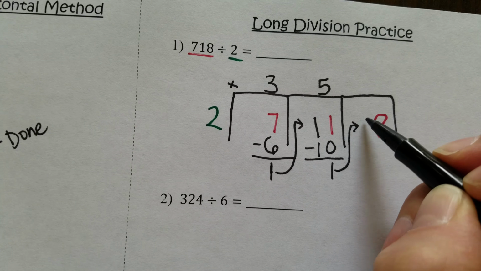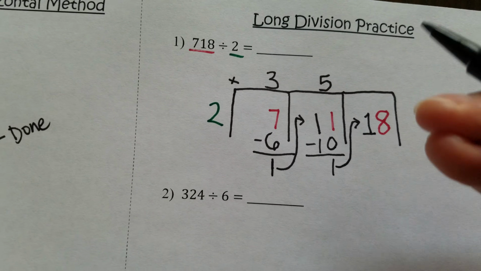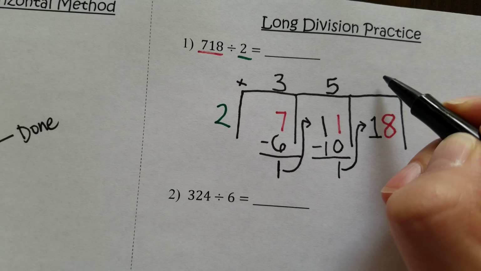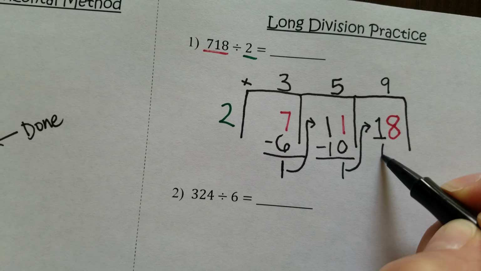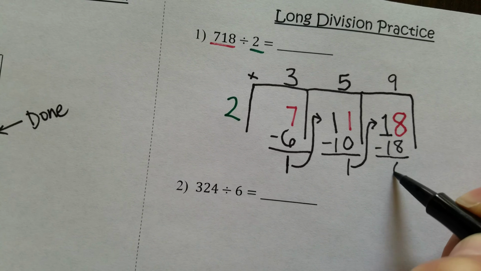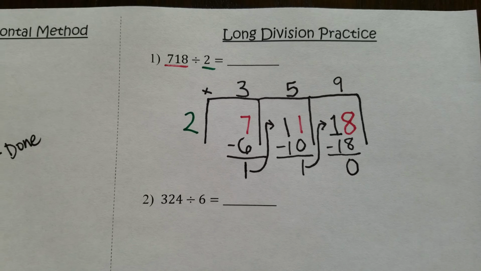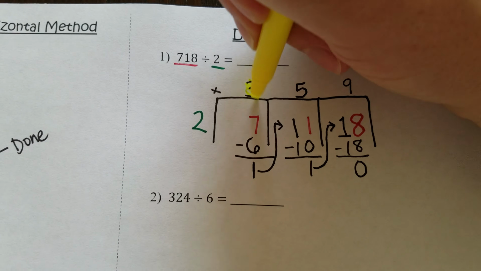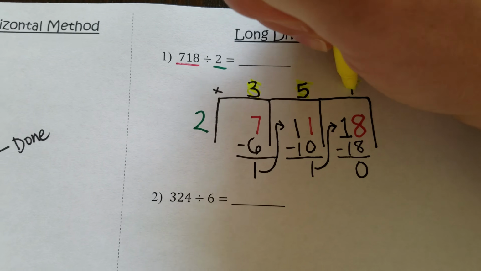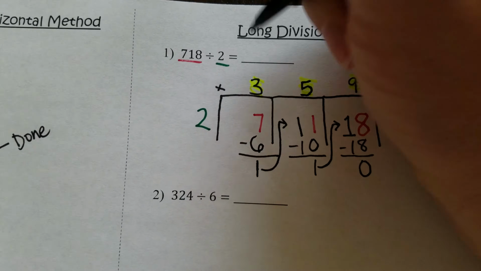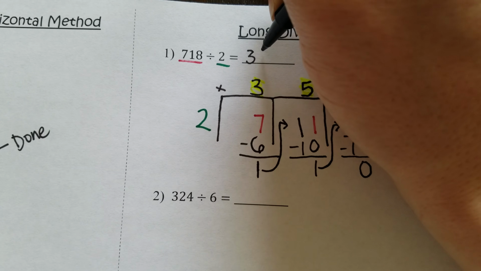And we bring this up. 2 times what is 18? It's 9. Subtract, and nothing left over. And so on this one, our answer is 359, because 359 times 2 is 718.